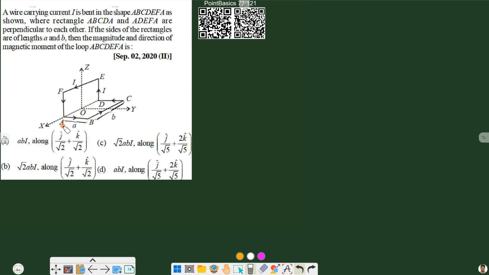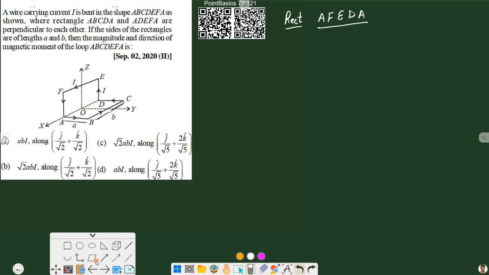Let's talk about the loop, or rectangle, AFED. Now, if we start from A, then go to F, then to E, then to D, there is no direct path from D to A. So we have to connect D to A so that we have a complete loop here.